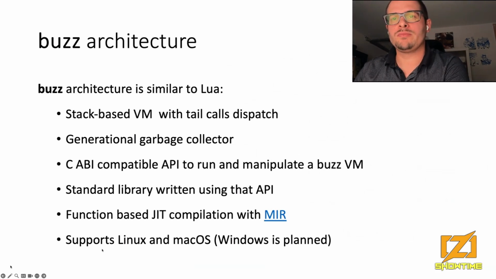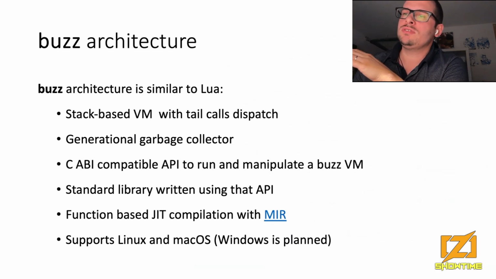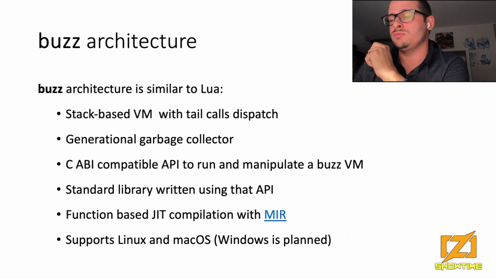So it's planned. Buzz is supporting Linux and macOS right now. Windows is planned. There's nothing preventing me from making the project work with Windows, I just have to have a Windows machine around. So it's going to be, I hope, in the next release.